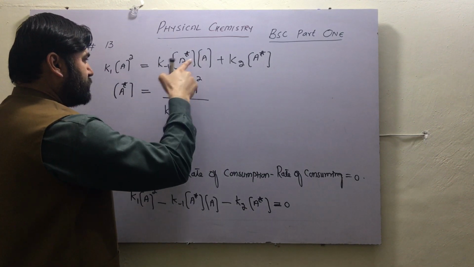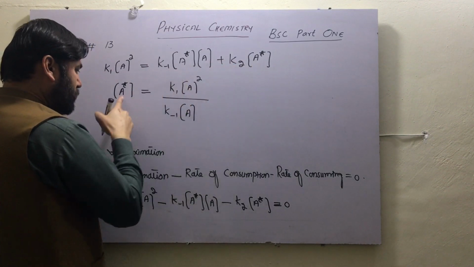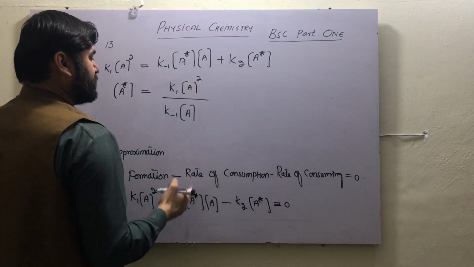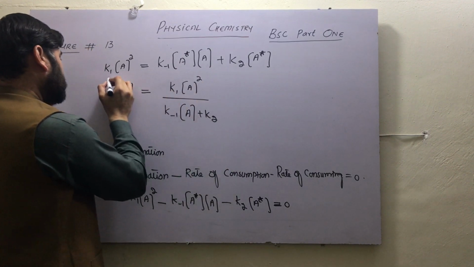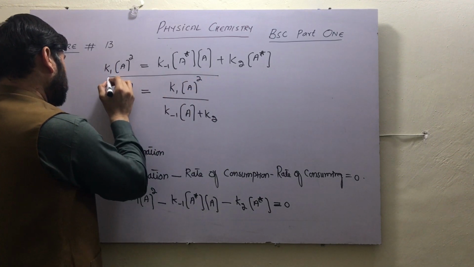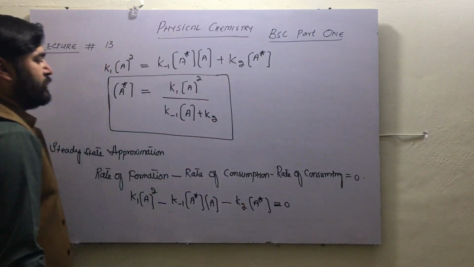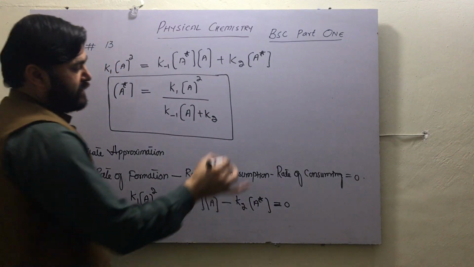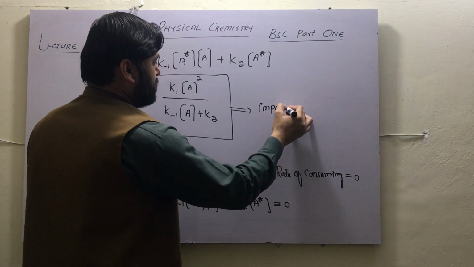We will write only A. Now the remaining we will write with this, plus k2. This is an important relationship because we are going to use this value in the coming equation. So this is important. Let me write it, important relationship. This is very important.